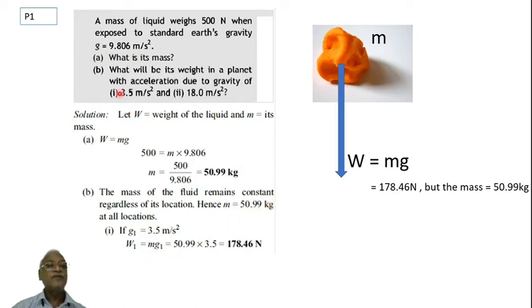Now in the first case, g1 is given to be 3.5. How to calculate W? The standard equation, W1 is equal to m into g1. M is the same, g1 is substituted, you get 178.46 newtons. On Earth, acceleration due to gravity is 9.806.